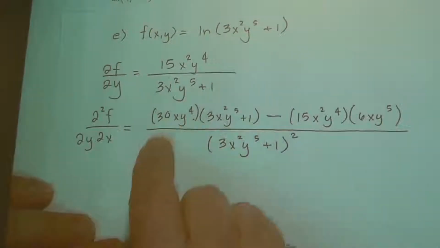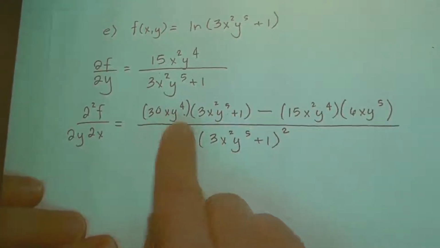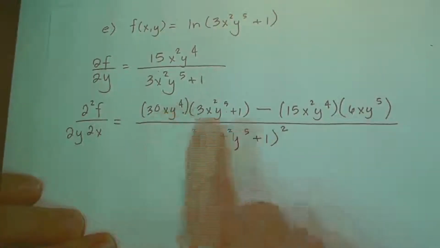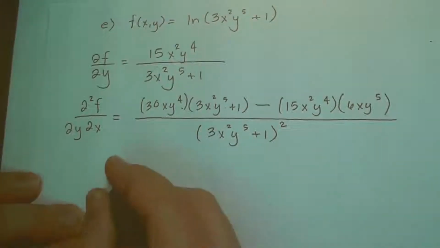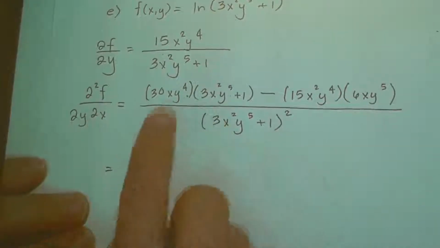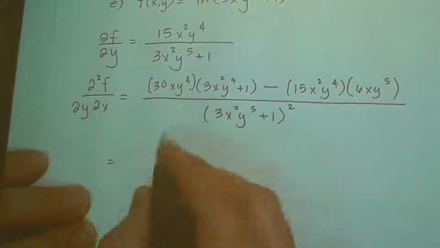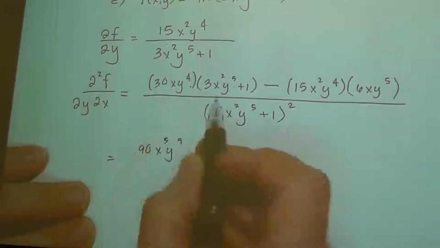The only thing left to do is just to double check. You'd be surprised with these partial derivatives. You actually get some weird like terms showing up top that can make it reduce a little bit better. See, like if I actually hash out this numerator, that multiplies out. This is monomial, this is binomial, so that's going to become 90 x to the third, y to the ninth first.